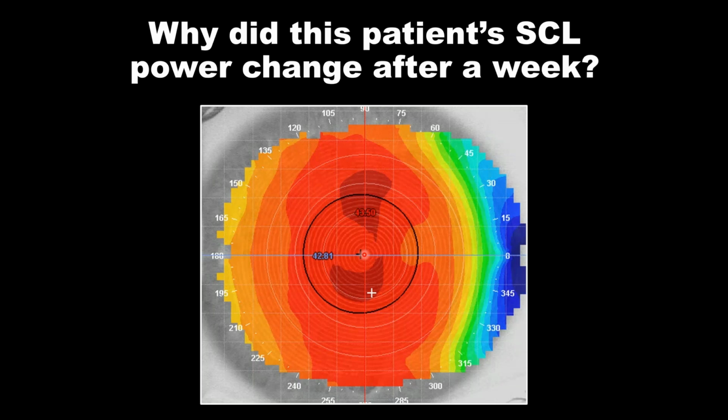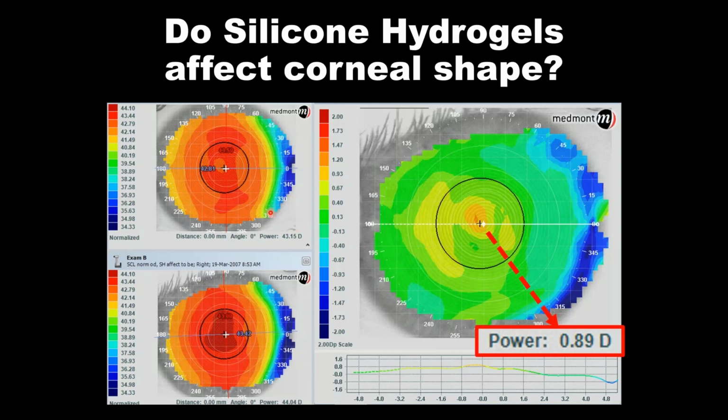This was an absolutely normal eye. The fit of the soft lens was ideal. The over-refraction on the dispensing visit was right on. There'd be no reason for there to be any real changes after a week. But when we compared the pre-fit versus post-wear of the lens, this patient was showing almost a 1 diopter shift in their corneal power. So the contact lens was molding the eye shape.